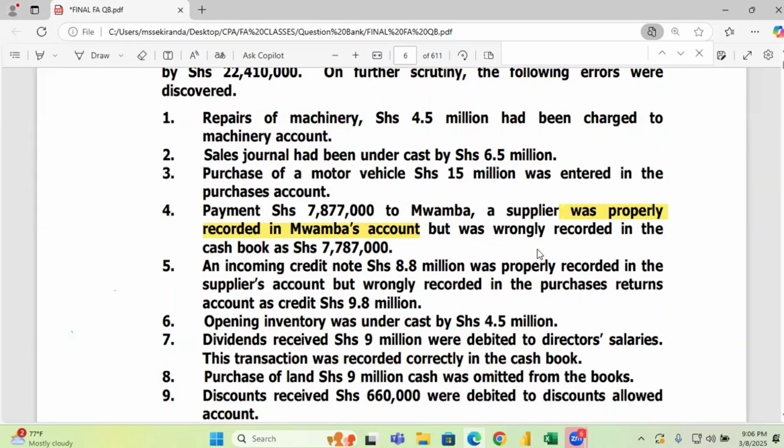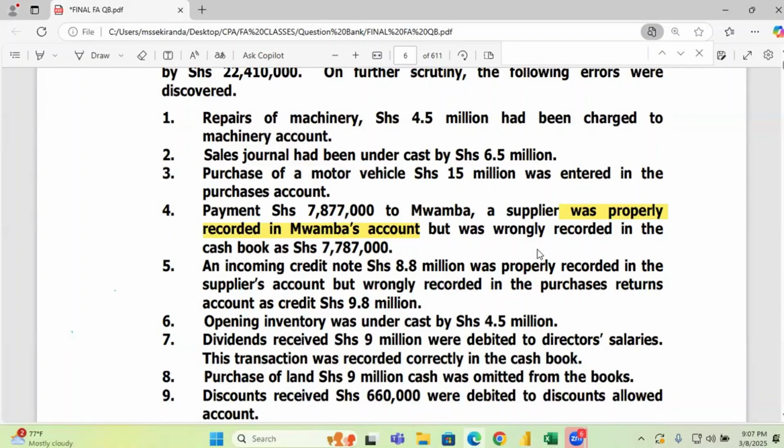By how much? Guys, it's lower by how much? By 90,000. It is lower by 90,000. Now that simply means that the credit side of the cash book is undercast.